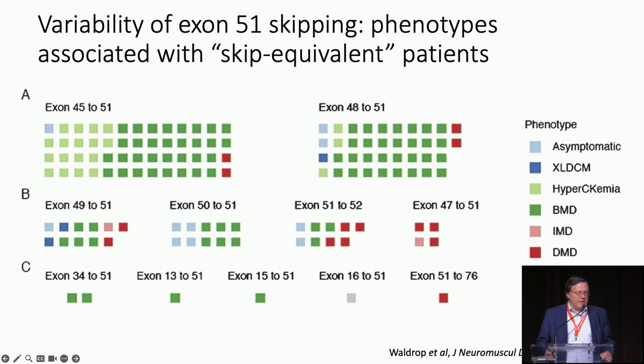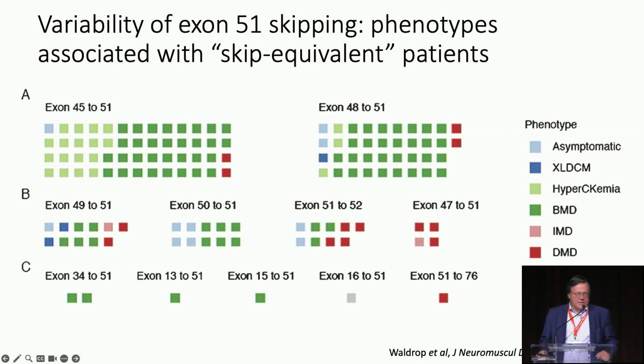And I find this very interesting. I still do. When we look at the description, we lump these as asymptomatic, meaning not even an elevation of CK, X-linked dilated cardiomyopathy, elevation of CK alone, clinical features of Becker muscular dystrophy, and clinical features of Duchenne muscular dystrophy.